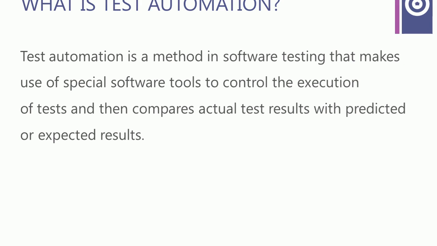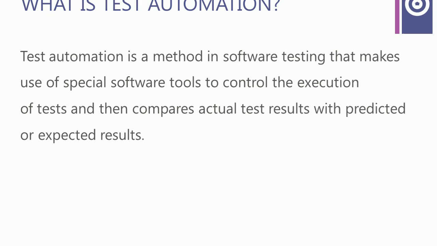So as I mentioned, just quickly about what test automation is. Now, I've got to admit, this is the general definition, but I feel like it covers it quite well. Test automation is a method in software testing that makes use of special software tools, in this case Selenium, to control the execution of tests.